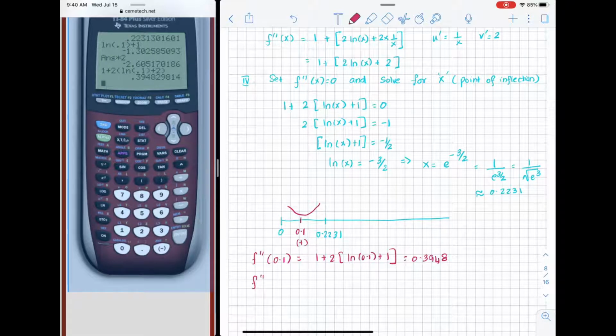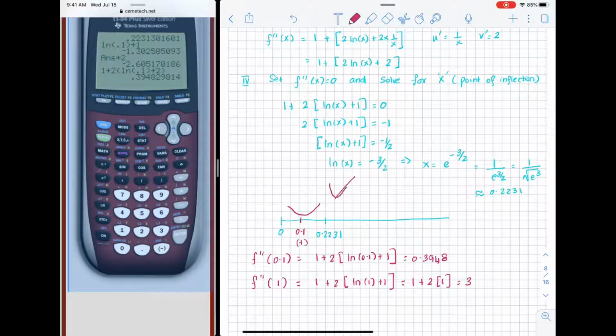Then we plug in an easy number greater than 0.221. So we will have 1 plus 2 times ln of 1 plus 1, which would give us 1 plus 2 times 1, which is 3. Still positive.